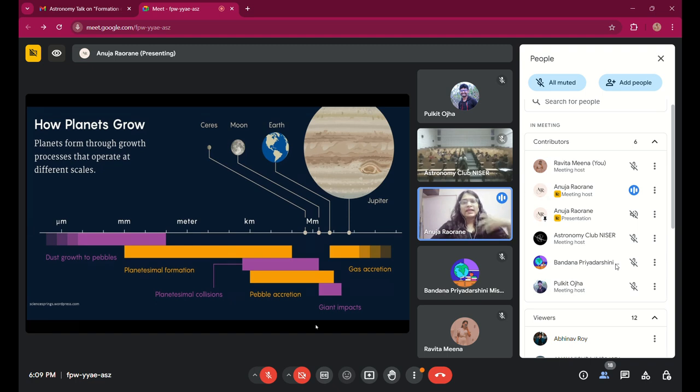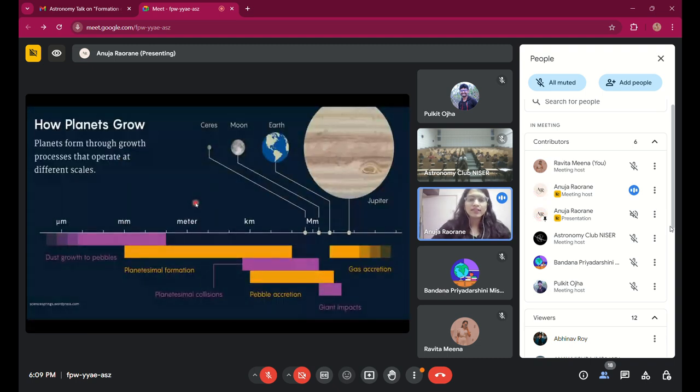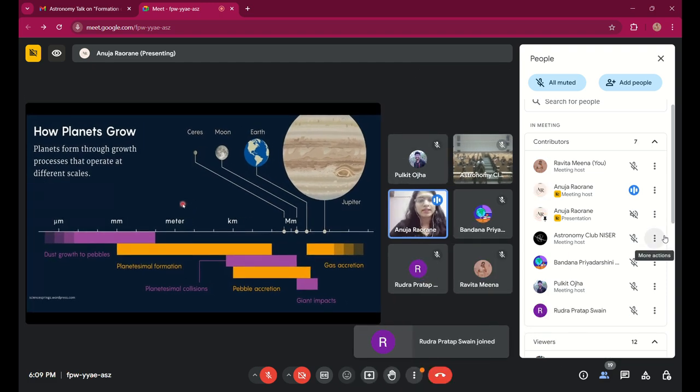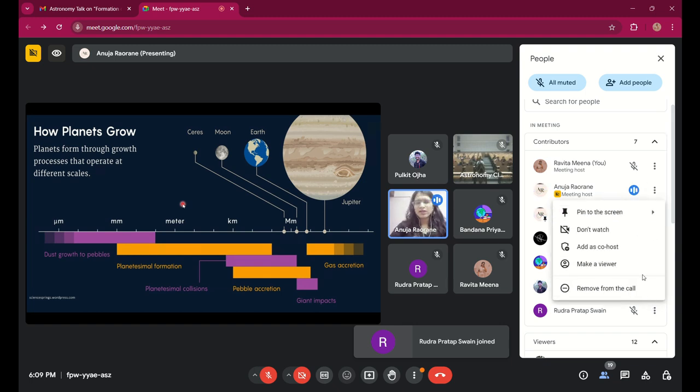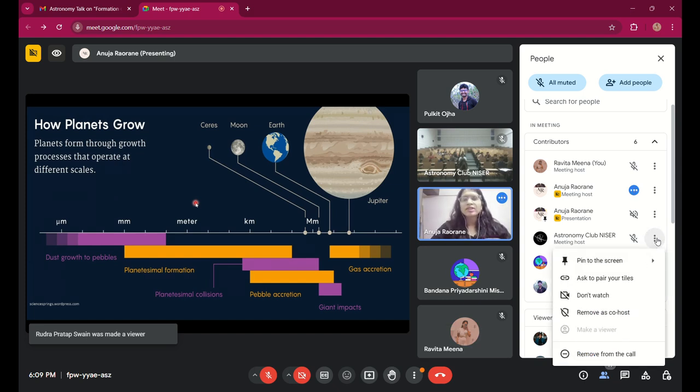So how do our planets form? We saw that there are different materials here, like the blue and the red, brown color dots, but they are not of the same size. They are from micrometer to megameter objects that are present in the protoplanetary disk. So it starts from dust, which are very small micrometer objects, and they go into pebbles, which are around millimeter sized objects.